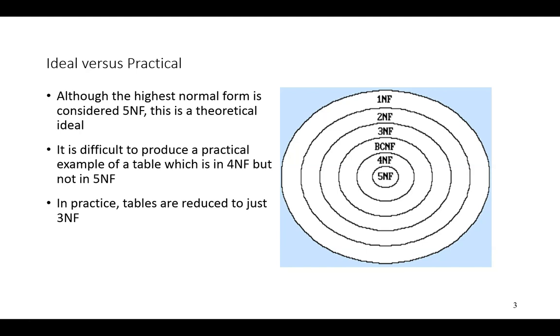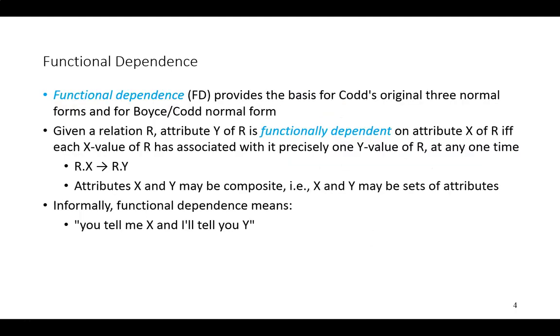Although the highest normal form generally is considered to be fifth normal form, we comment that this is a theoretical ideal. It's difficult to produce a practical example of a table which is in fourth normal form, but not in fifth normal form. So in practice, tables are often reduced to simply third normal form or Boyce-Codd normal form.